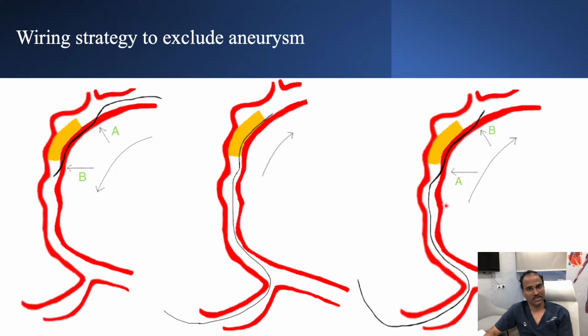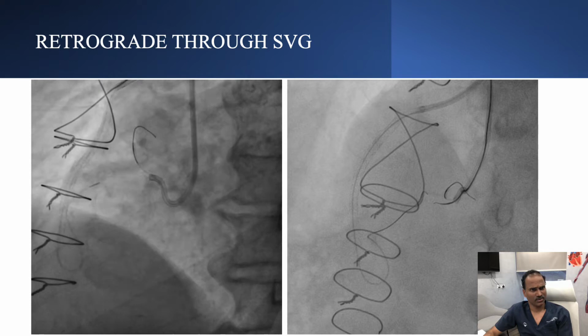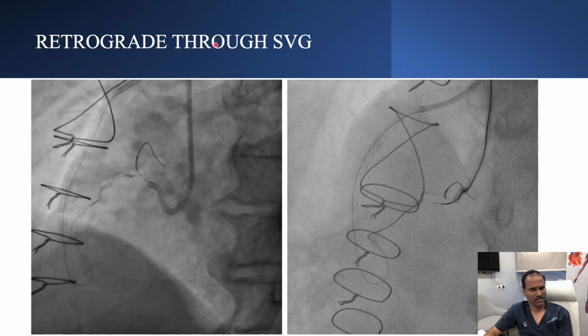And the next option is retrograde subintimal entry into the juxtaposed wall of aneurysm, and then re-entering proximal to the aneurysm location and externalizing and shifting this whole thing onto aneurysm. So these are the three wiring strategies which might work in excluding this aneurysm from coronary lumen. So what we did in this case is, we directly went ahead with retrograde.